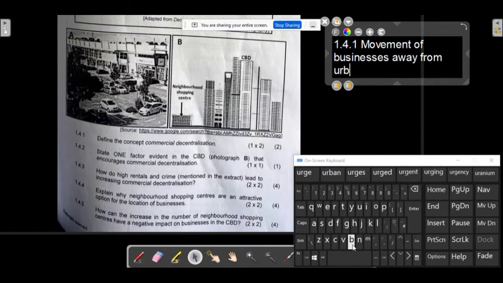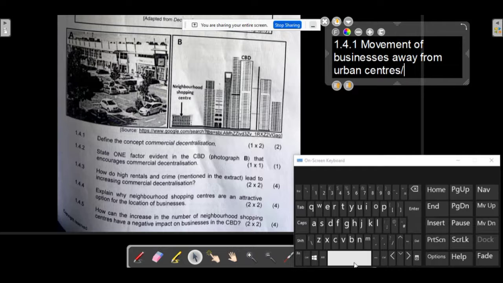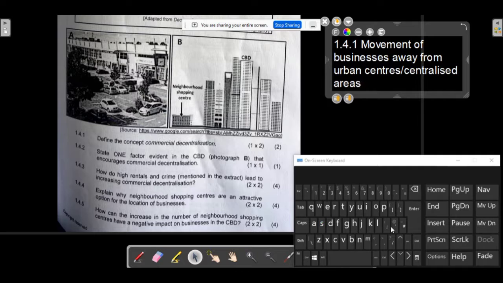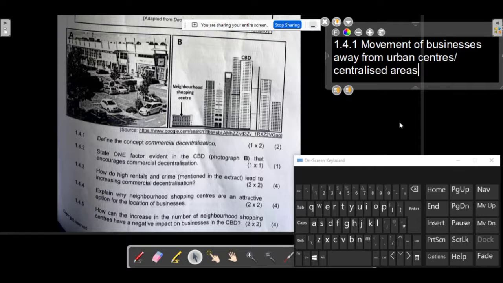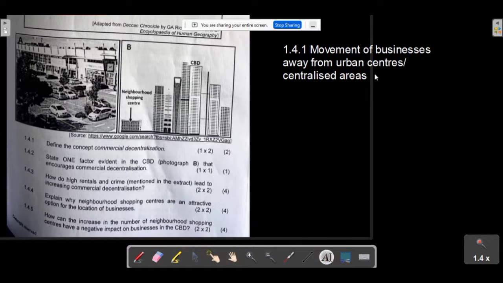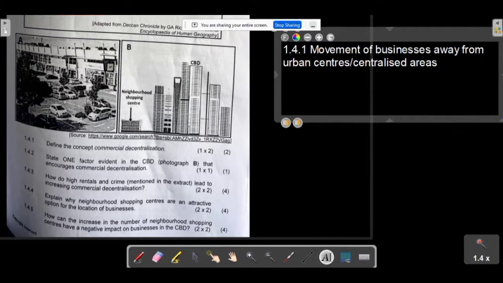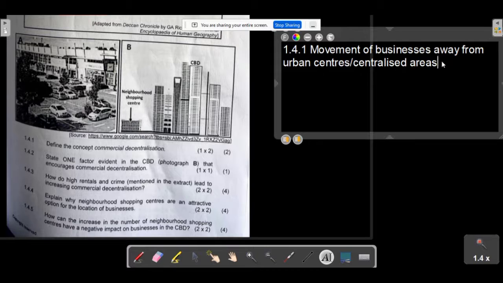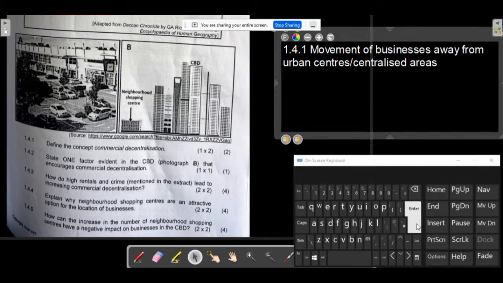Call it urban centers, or you can call it centralized areas. That's what I would have written. It's simple, guys, you don't have to be complex about it. It's simply the movement of businesses away from urban centers, or the CBD.